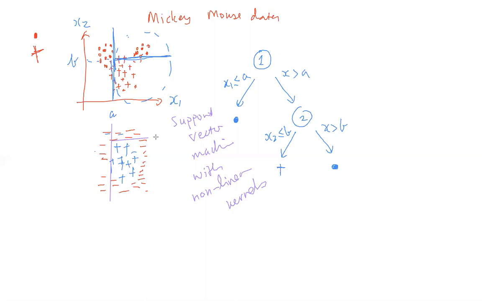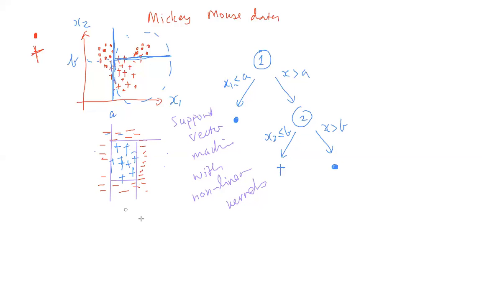Then you cut this part, okay? Anything above this value, you classify as negative. And then over here, you make another cut. Anything that is greater than or equals to this line, you classify as minus. And then finally, this one. Anything that is below this line, you classify as minus. So whatever is left is actually the plus.